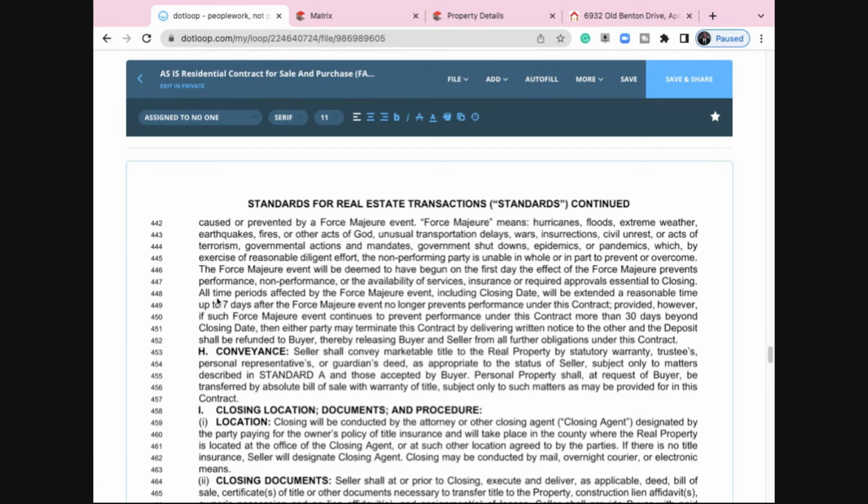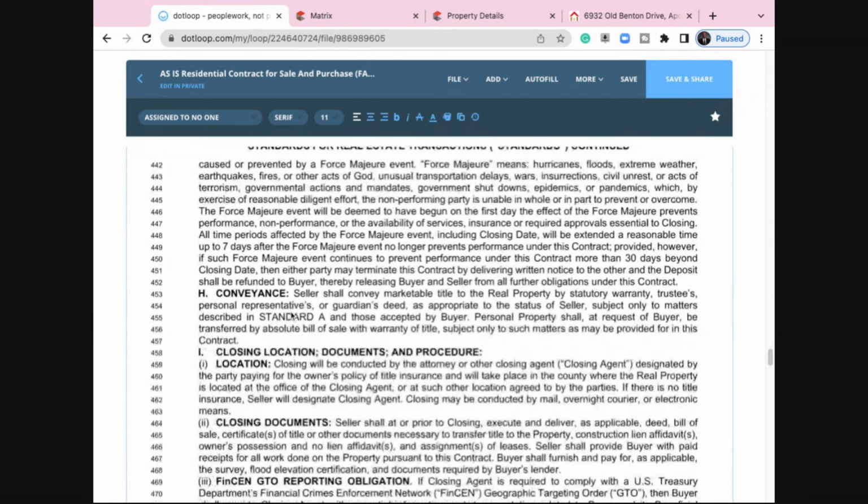Here's the key, guys. All time periods affected by the force majeure event, including closing date, will be extended a reasonable time up to 7 days. Okay, so when hurricanes come through, and after that event, you have 7 days, and of course, a delay in closing was caused by that. Let's say, for instance, you couldn't get insurance.